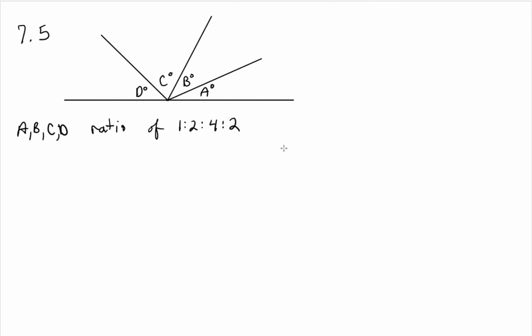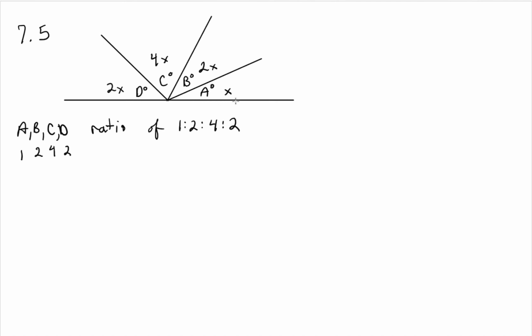So find the measure of each angle. So what that means is A is 1, B is 2, C is 4, and D is 2. So we can apply that ratio by saying A is X, B is 2X, C is 4X, and D is 2X.